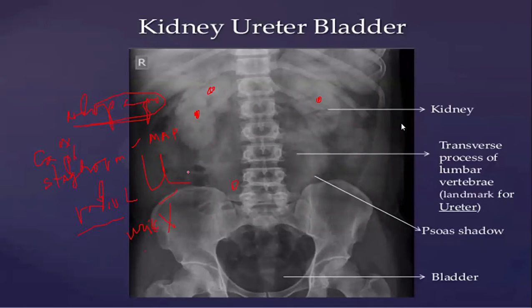Uric acid is very popular because we have patients with hyperuricemia, those with gout. Calcium oxalate is also common because of patients with hyperparathyroidism and hypercalcemia, who can develop stones.